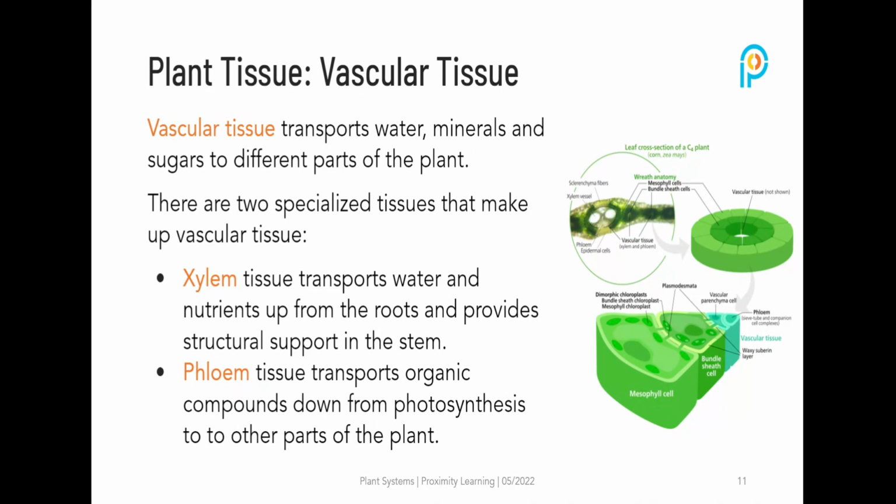And the phloem tissue transports organic compounds down from photosynthesis to other parts of the plant. So the xylem, this is a xylem vessel, and the phloem. So the xylem up, the phloem down.